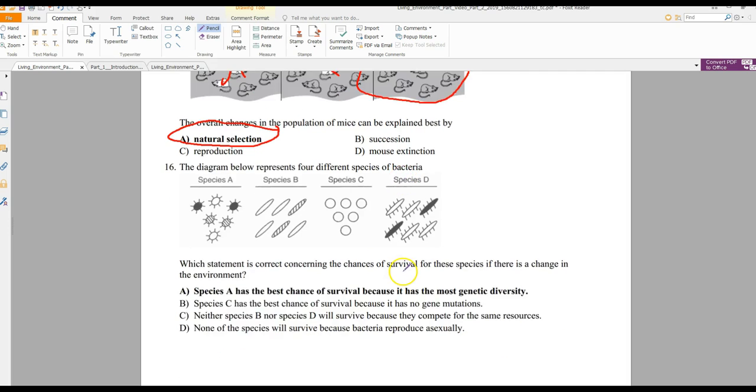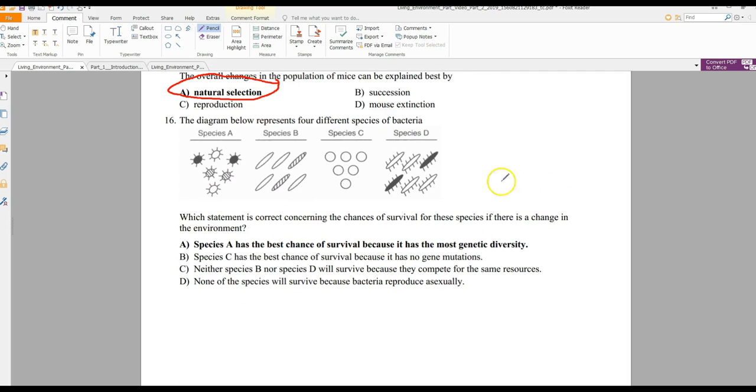Here's another question of diversity. Which statement is correct concerning the changes of survival for these species if there is a change in the environment? The answer is A. Species A has the best chance of survival because it is the most genetically diverse.